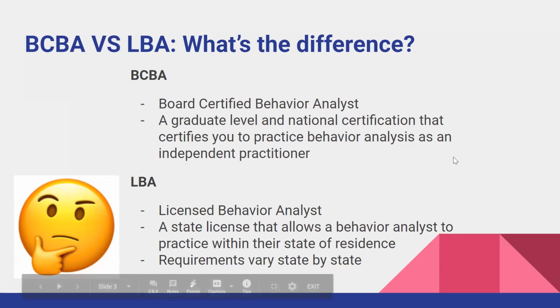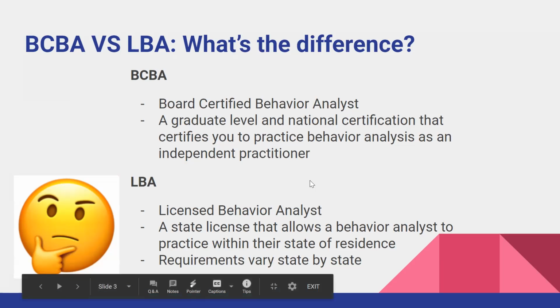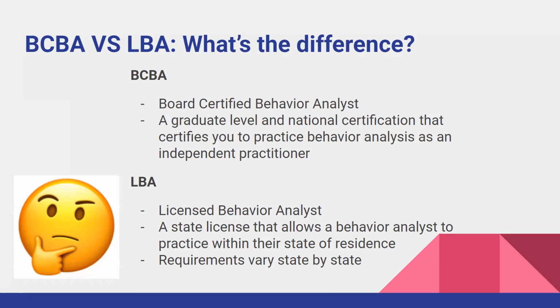The LBA is a licensed behavior analyst. So as opposed to something that's a national thing, this is a state license. This is a state license that will allow a behavior analyst to practice within their state of residence. These requirements vary state by state.